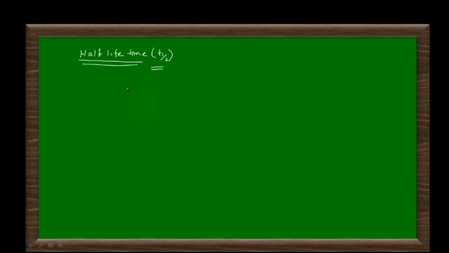অৰ্থাৎ if you have initial concentration A naught, then the time required to reduce to A naught by 2 is known as half-life period.